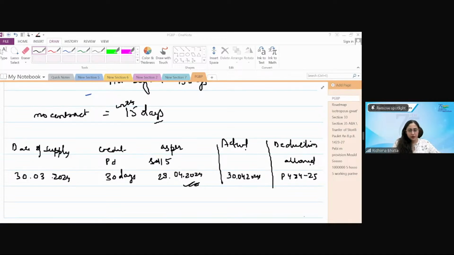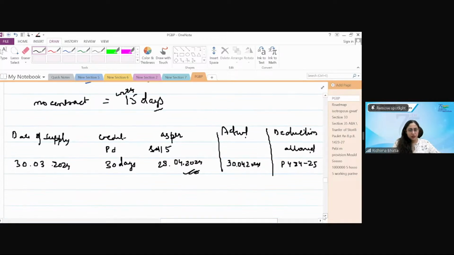Let's take one more example. Date of supply is 25th of March 2024. See, do you know when the problem comes in these questions? When years are getting changed. Otherwise, if you make the payment by 31st March, it will not impact.